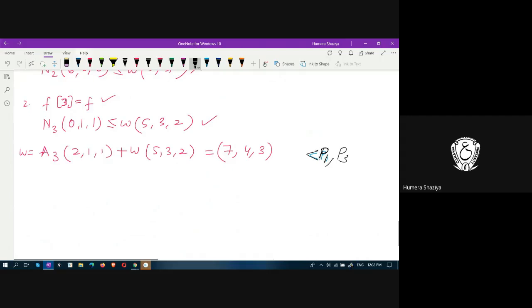Then we have to mark finish of 3 equals true. Finish of 3 is true. Next, the total work will be 7 4 3, right?